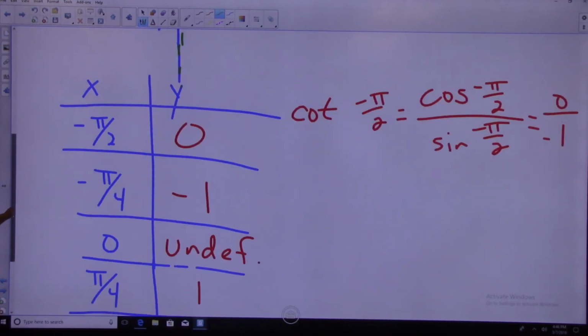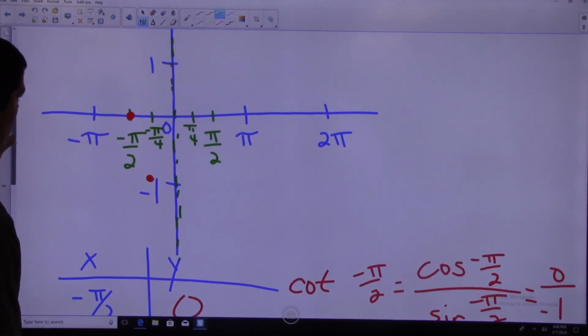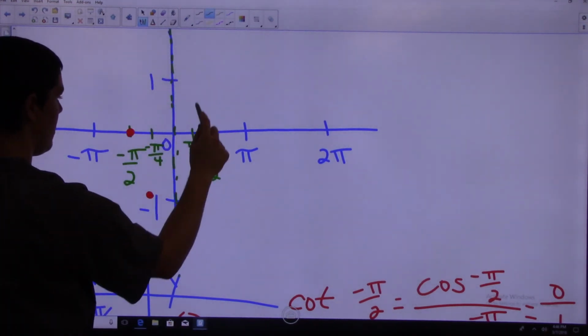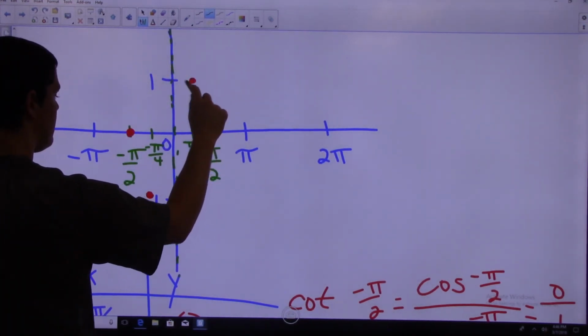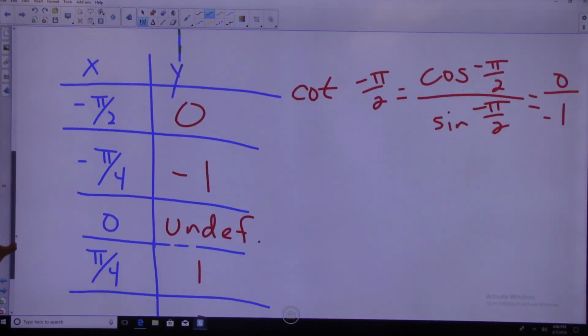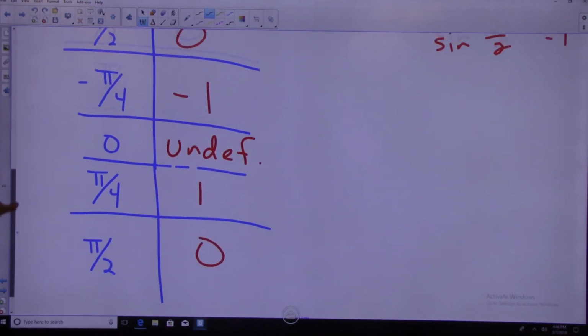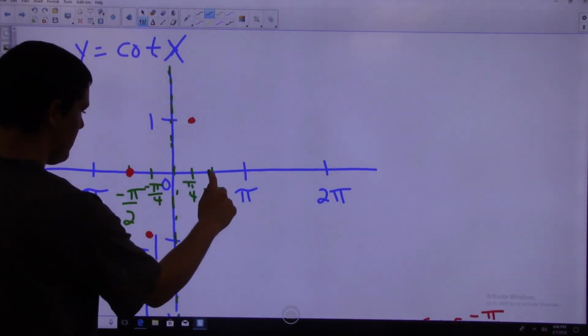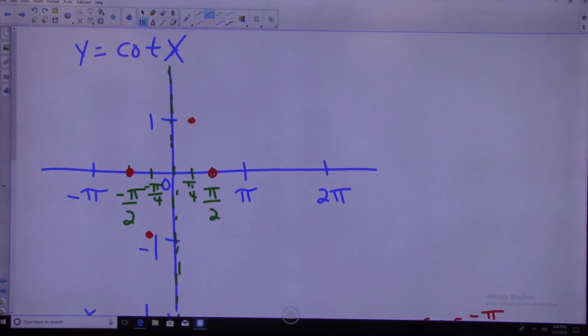Pi over 4, the answer is +1. So let's plot that. At pi over 2, the answer is 0. Guys, I could keep going, but we're just plotting these points here. Hopefully you guys can see what's going to happen here.